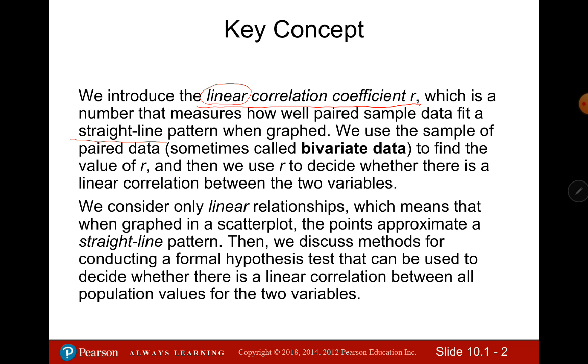But the most important part here is that we will use paired data, which means for each observation, we have two measures. So for each observation, we will have two values, and these two values are paired. We call it bivariate data.